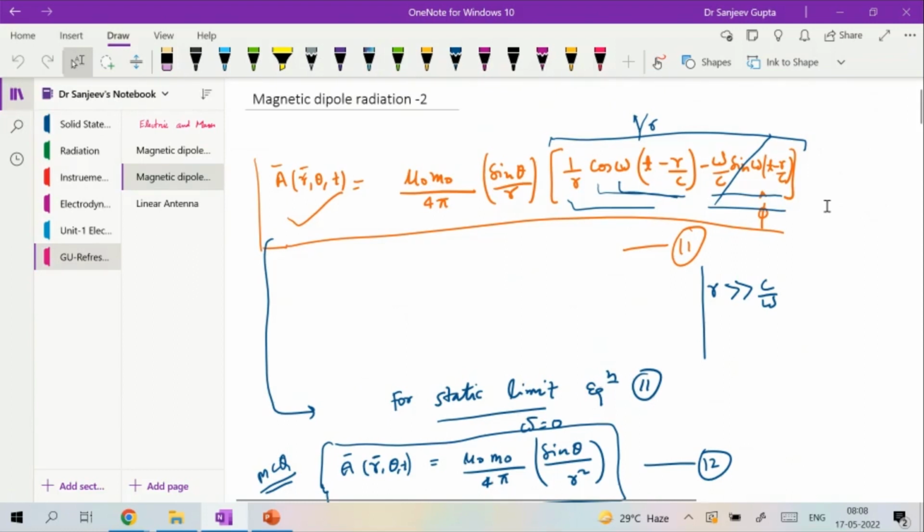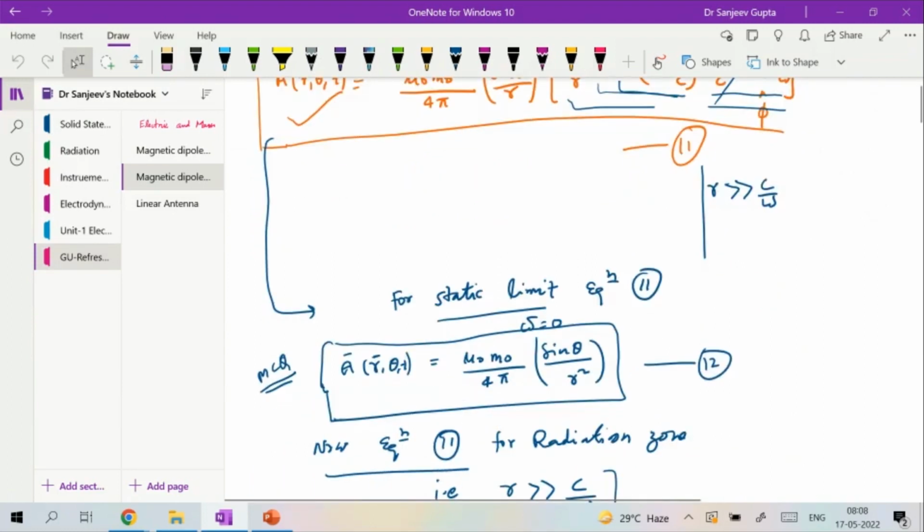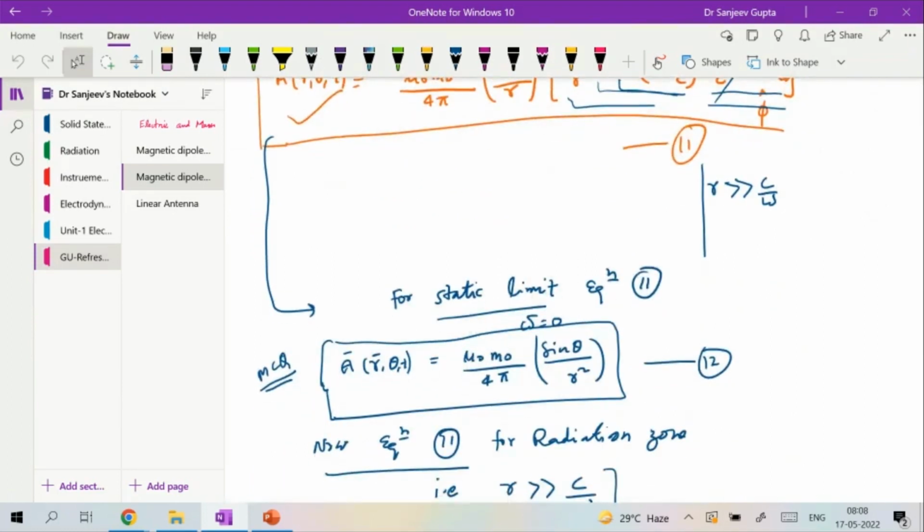Now we can look at this for the static limit, as we have already done for electric dipole radiation. So for expression number 11 in the static limit, omega tends towards 0.